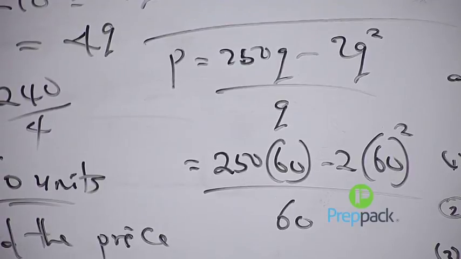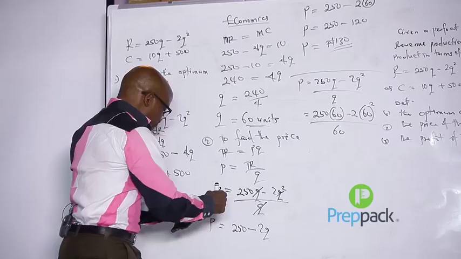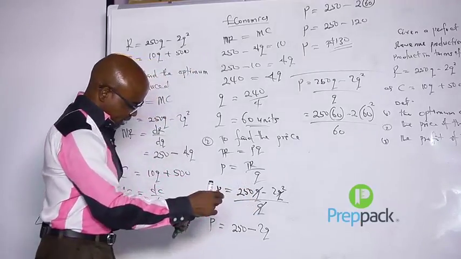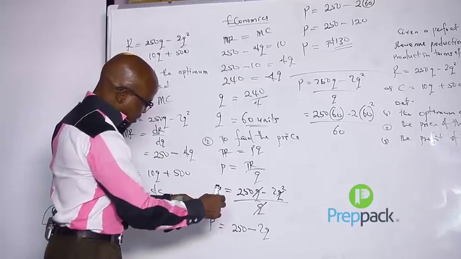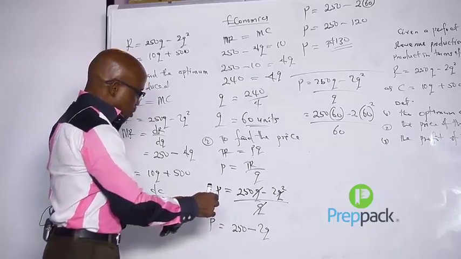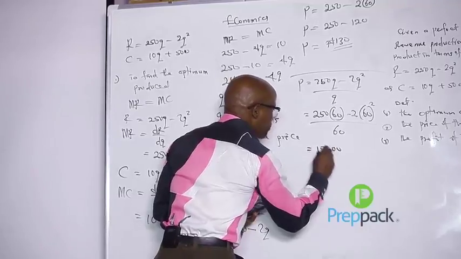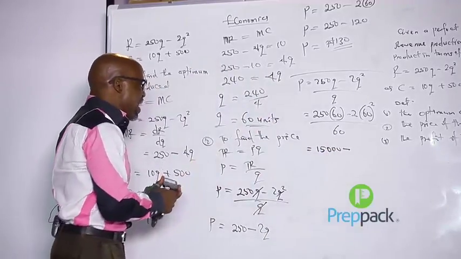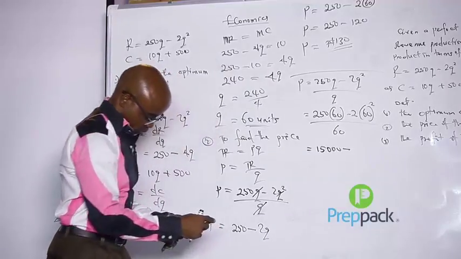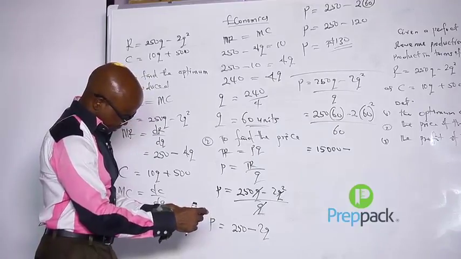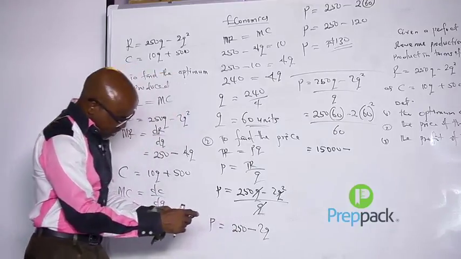So when you check on your calculator, you multiply 250 by 60. 250 times 60, we get 15,000. 15,000 minus 60 squared times 2, which gives you 60 times 60.